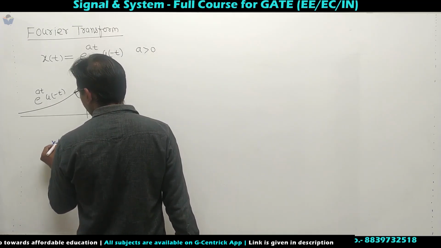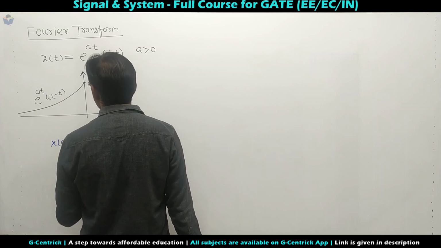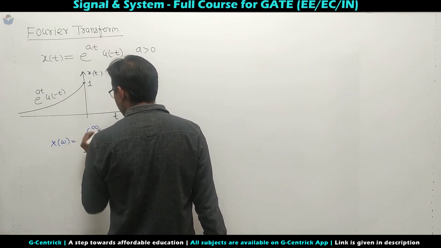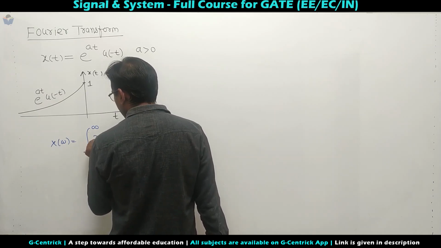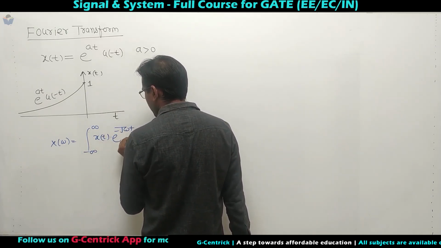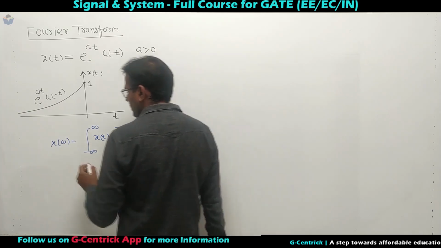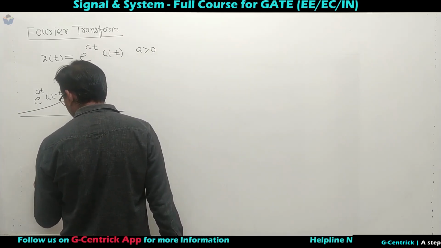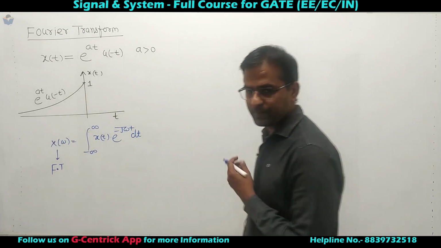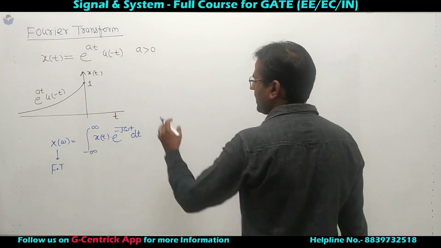We can say that we are interested in x of omega, and what is x of omega? X of omega is the integral from minus infinity to infinity of x of t into e to the power minus j omega t into dt. So this is the Fourier transform. Let's calculate this.